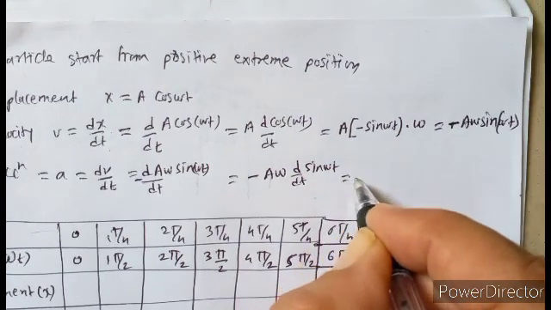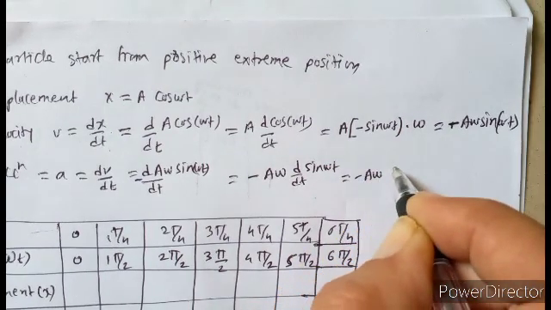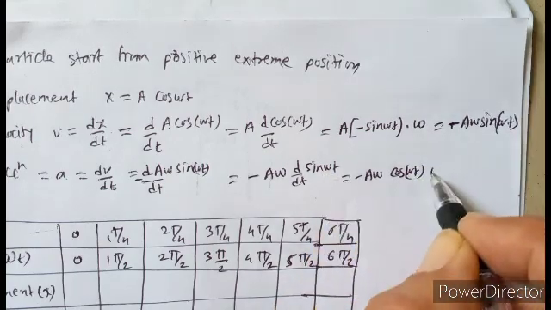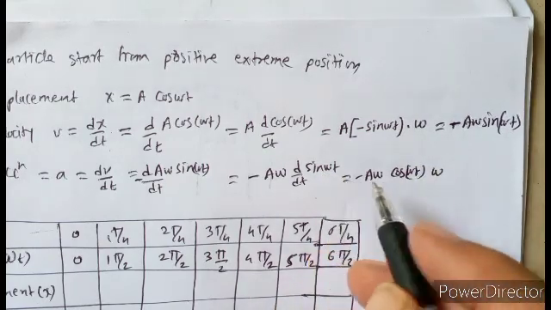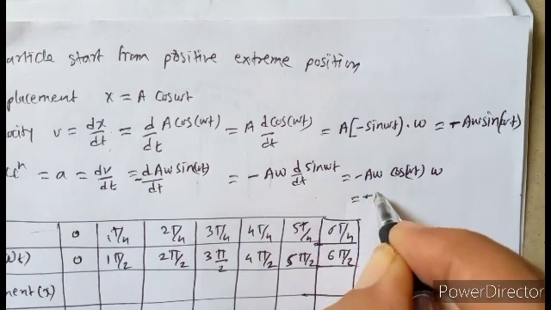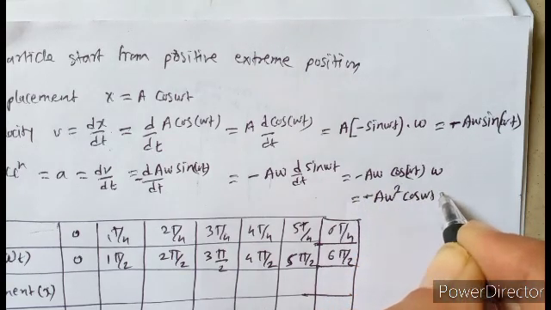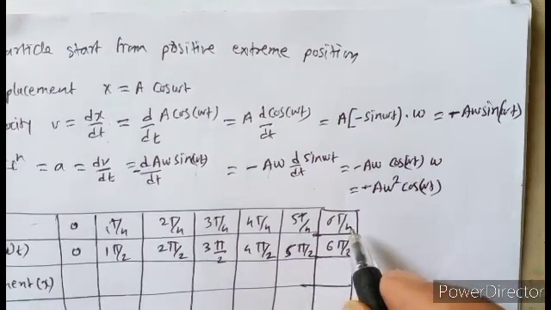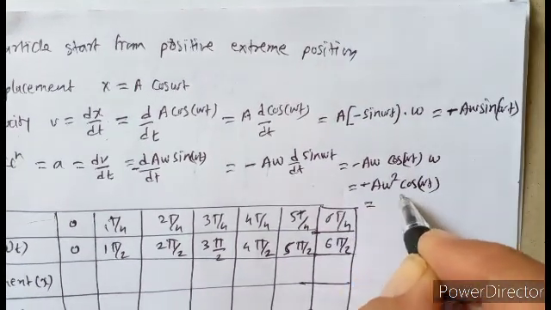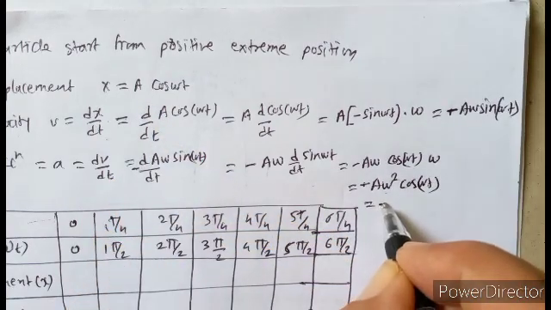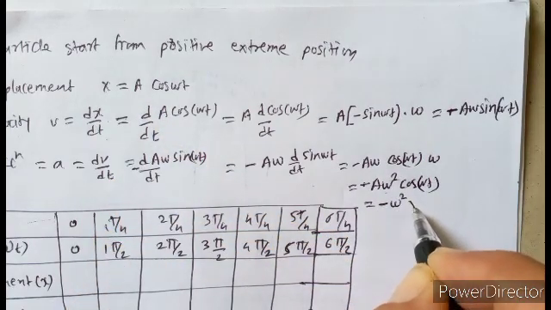Derivative of sine omega t is cos omega t, and again one omega comes out from this omega t. So minus a omega square cos of omega t is the acceleration. You may substitute the value of a cos omega t from the displacement, then we get minus omega square x.